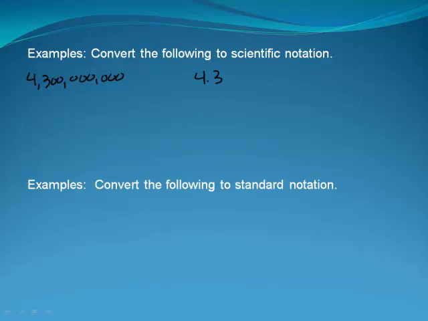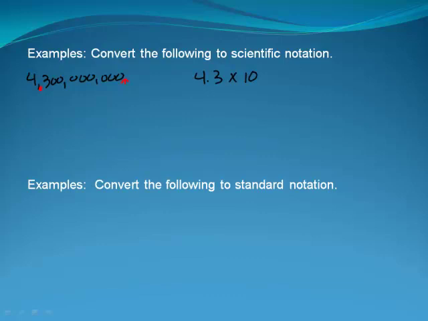Now, if everything else is trailing zeros, you do not need to write all those. You can drop those zeros, multiply that by some multiple of 10. To figure out what multiple of 10, look at the problem, figure out where you put the decimal, which was after the 4, and where it originally was, which in this case is at the end of the number, and figure out, to get it back to where it originally was, how many places would you have to move, and in what direction.